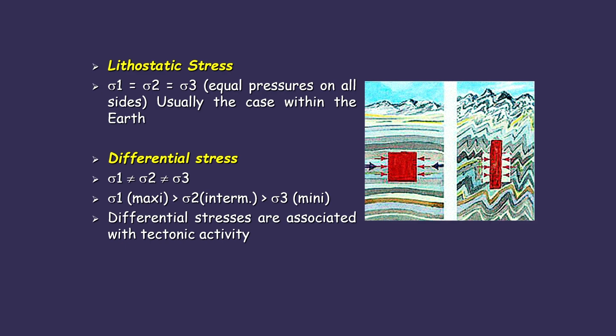When we talk about the different types of faulting, we will have this discussion on sigma 1, sigma 2, sigma 3 again, where sigma 1, the maximum, plays an important role in providing different types of deformation.